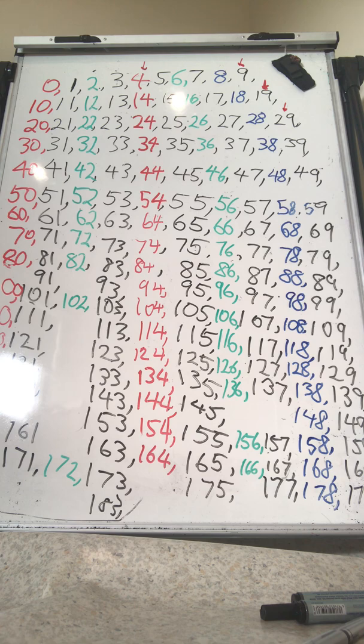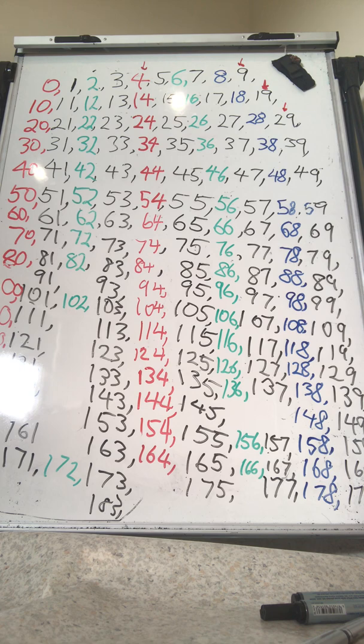5 times 6? Okay, so 1, 2, 15, 3, 4, 20. No, that's 4 times 5. Okay, I want 5 times 6. So that's 6 plus 6 plus 6 plus 6. Yeah, that's what 5 times 6 is, right?